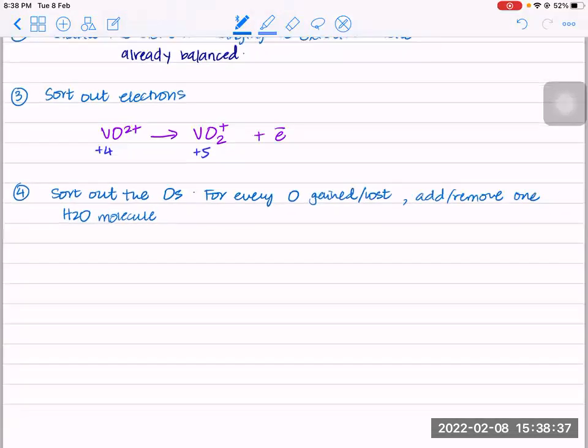For example, here in our equation, we had VO2+ becoming VO2+ plus an electron. Now, if you see the oxygens, here we have one, here we have two. In order to balance them out, you will add or remove a water molecule. So since you have two oxygens on this side, to make it two on the other side, we will add H2O over here. Do you see this side also has two oxygens now, and so does this?